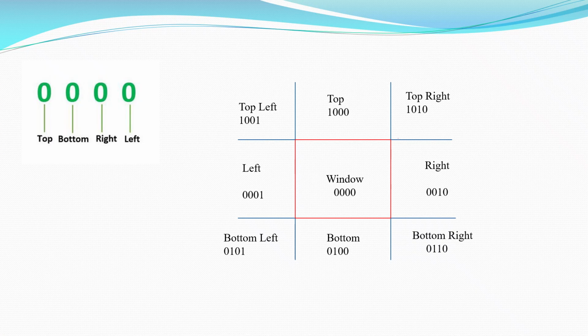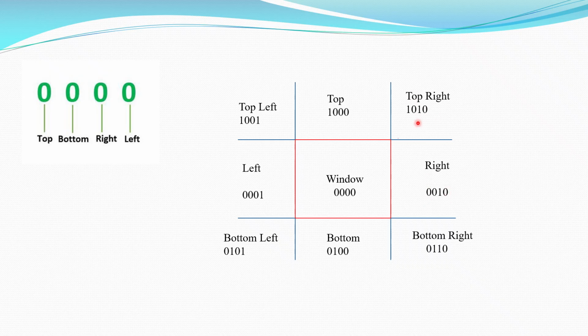This is the part on the right of the window. Right means wherever the right is there, we initialize it with 1 and the remaining are 0, because it's not top or bottom, it's right. That's the reason we assign the 1, and left is not there, so we assign 0.